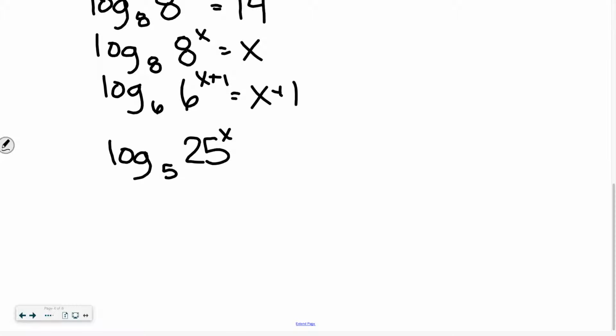We can't cancel this. However, take a second look at this. Can you rewrite 25 so that it has the same base? We can rewrite it as 5 squared, Lexi says. This is log base 5 of 5 squared to the x plus 1. And then can we cancel the bases? Yes. So what's left over? 2x plus 1.